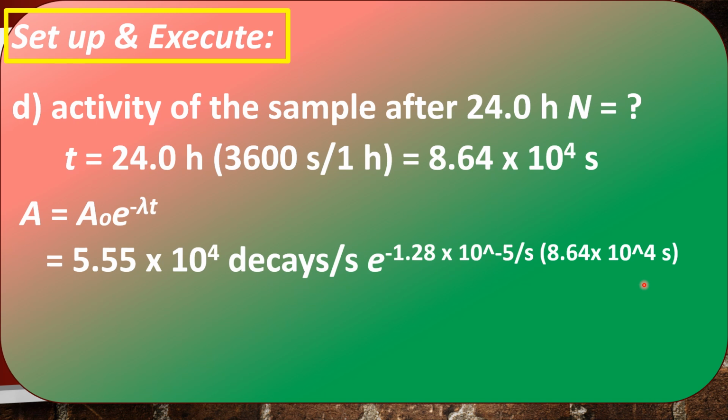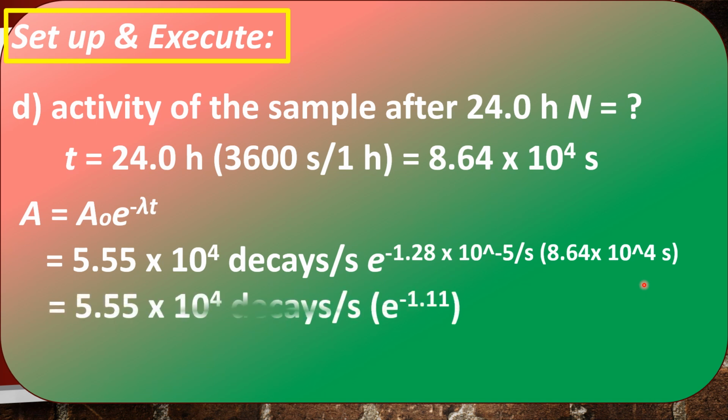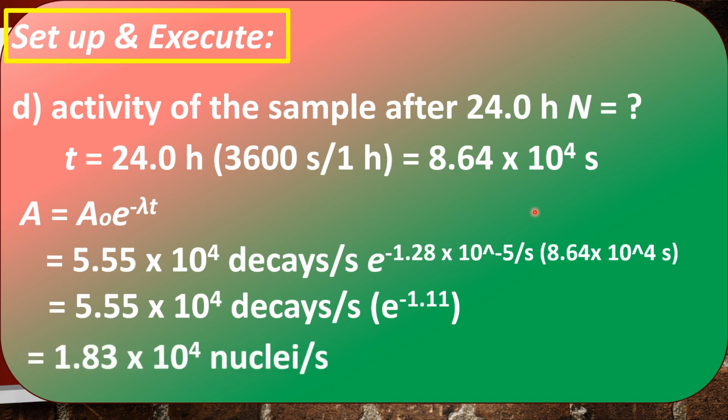And simplifying the power of the Euler's number, we get negative 1.11. And using your scientific calculator, we have the value for the activity capital A equals 1.83 times 10 to the fourth power nuclei per second.